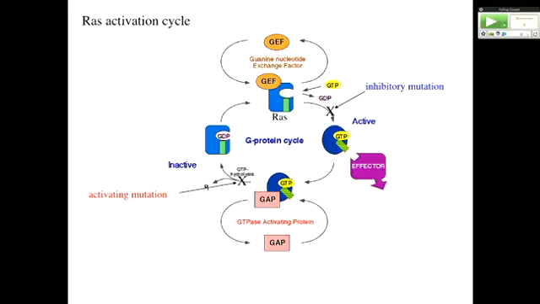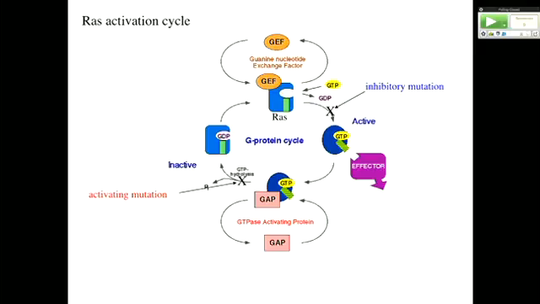That active mutation would be a mutation which blocks the intrinsic GTPase activity. If you block the GTPase activity, you remain in the active configuration, GTP bound, and you're constitutively active. So one mutation, an activating mutation, would be a mutation that blocks the GTPase activity. An inactivating mutation would be one in which the nucleotide exchange, the ability of the protein to bind GTP, is blocked by mutation.